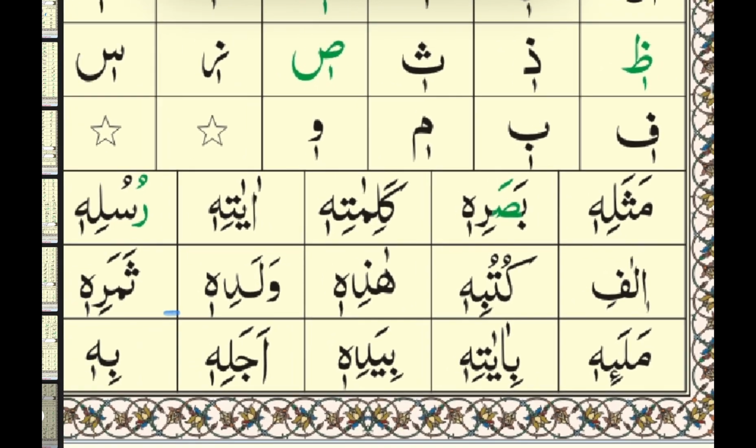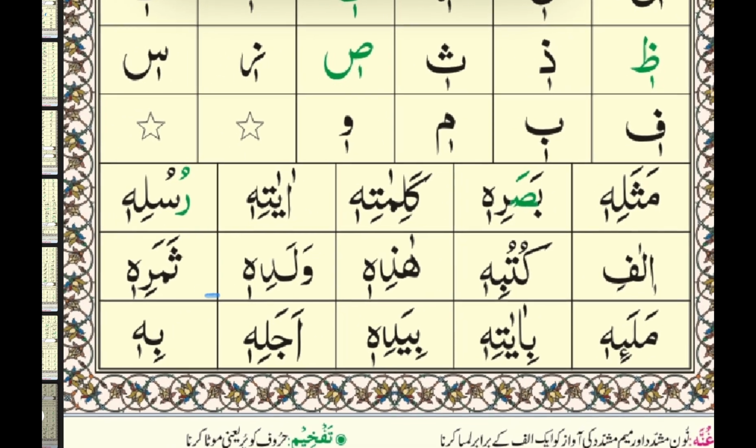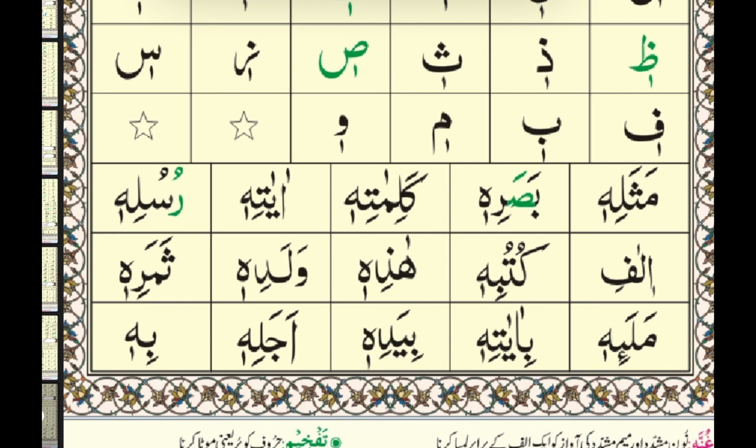Okay, so this type of mad, which you can see here, is going under the letter. It's the same amount of haraka, which is two, but the vowel is a bit different.